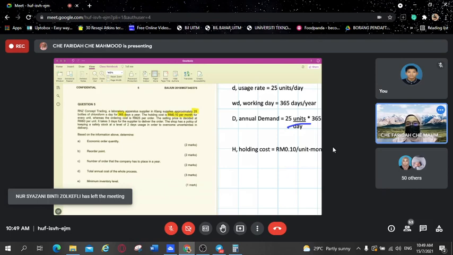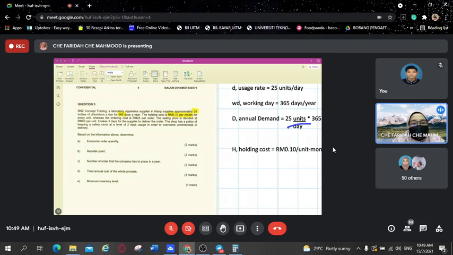And then tengok sini, dia bagi kita ialah 3 days. It takes 3 days for the supplier to deliver the order. That is dia punya L.